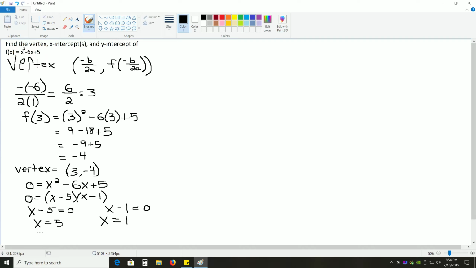So our x-intercepts are the points 5, 0 and 1, 0. Remember, these zeros are coming from the fact that we set the function equal to 0 in this step. And we'll go ahead and give these a little label.